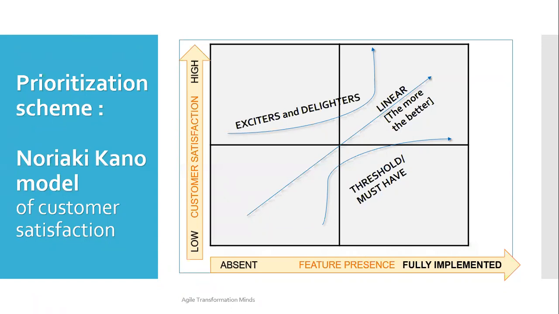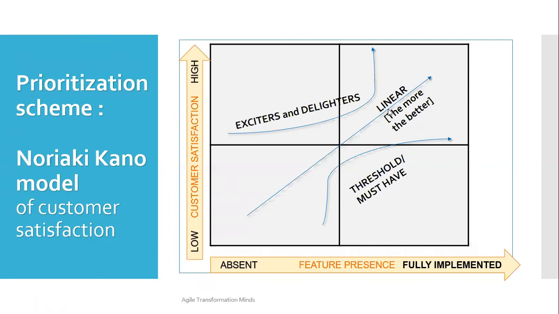So we'll start from exciters. Exciters are the people who, if you deliver a set of features from your product backlog, become exciters. Linear means the feature from the product backlog that you deliver is a must to deliver, so once you deliver that feature, your customers are satisfied.